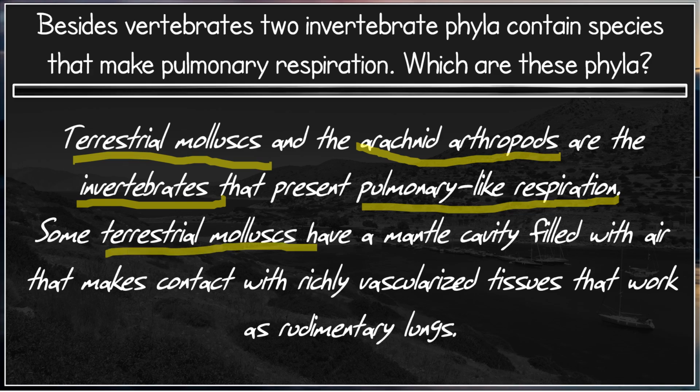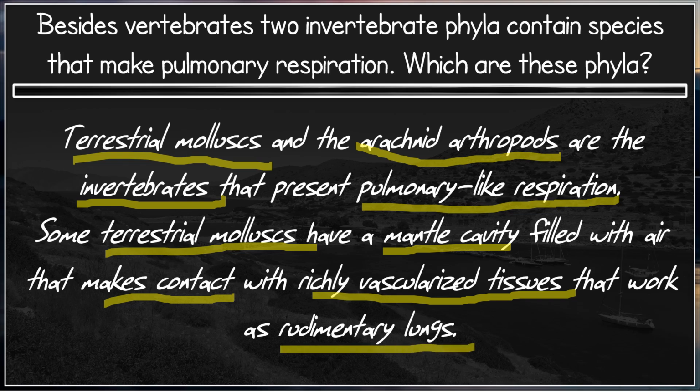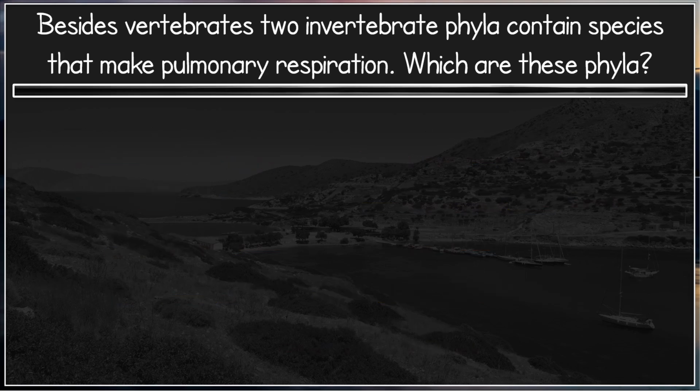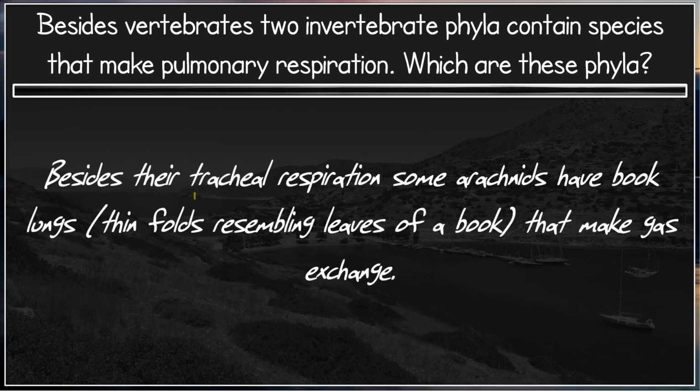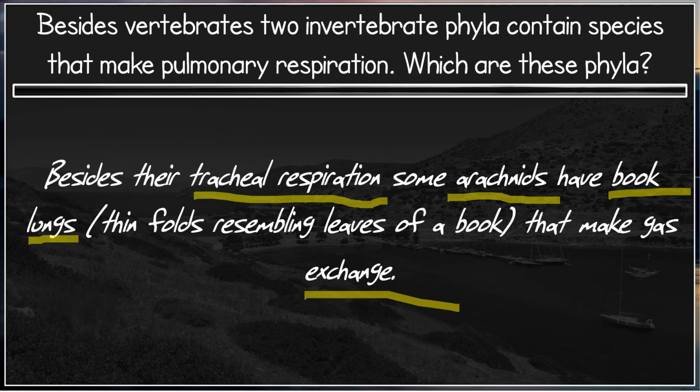Some terrestrial mollusks have a mantle cavity filled with air that makes contact with richly vascularized tissue and works as a rudimentary lung. Besides their tracheal respiration, some arachnids have book lungs, thin folds resembling leaves of books that make gas exchange.